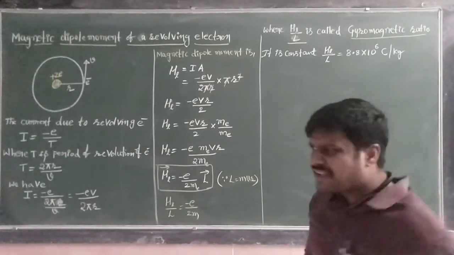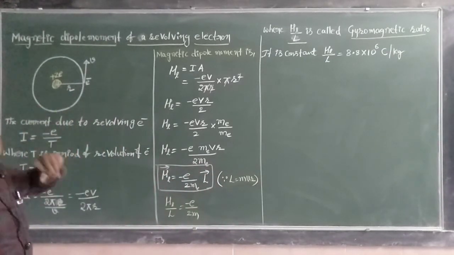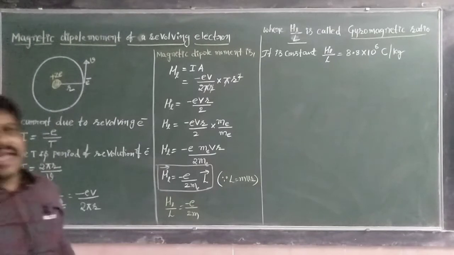Afterwards, from Bohr's second postulate, there are three Bohr postulates, and the second postulate is related to angular momentum.